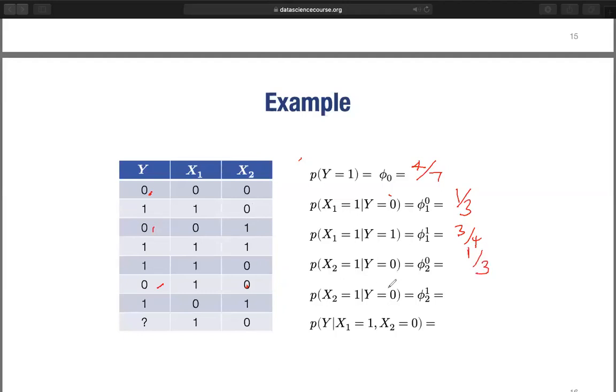Okay, so what's the last one? Mind you, this is x equals 1. This is 1 here. So what do we have here?